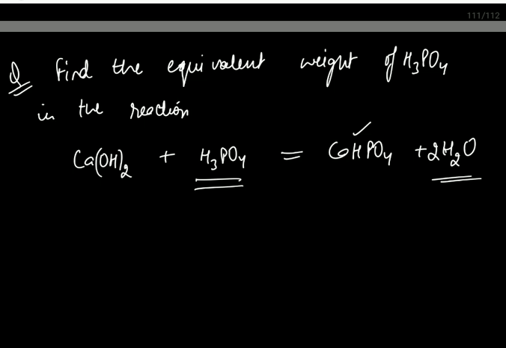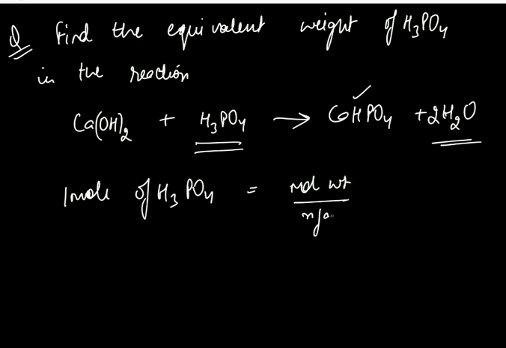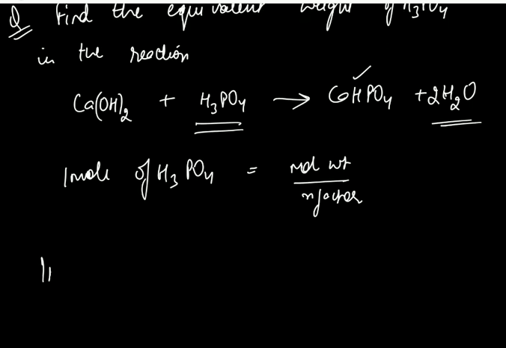So we can say 1 mole of H3PO4 is equal to molecular weight divided by n factor. So the n factor we need to decide over here. 1 mole of H3PO4 replaces 2 moles of H positive ions.